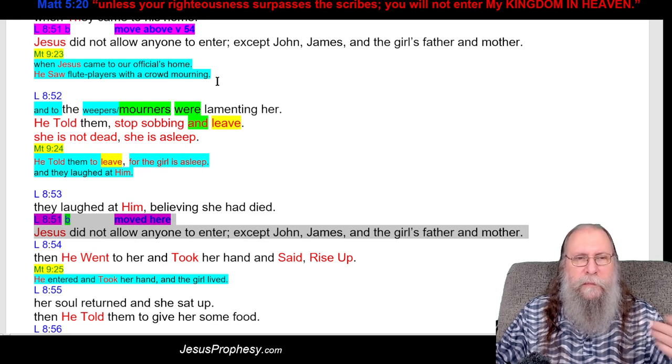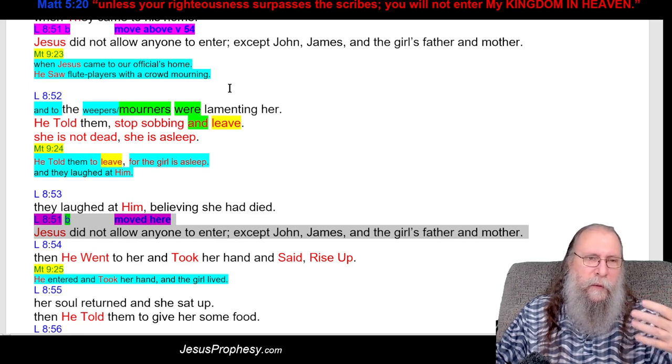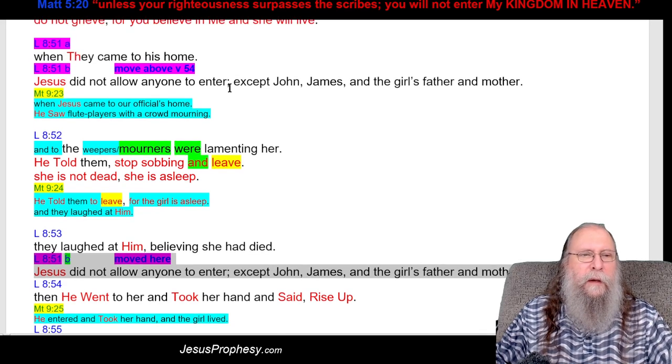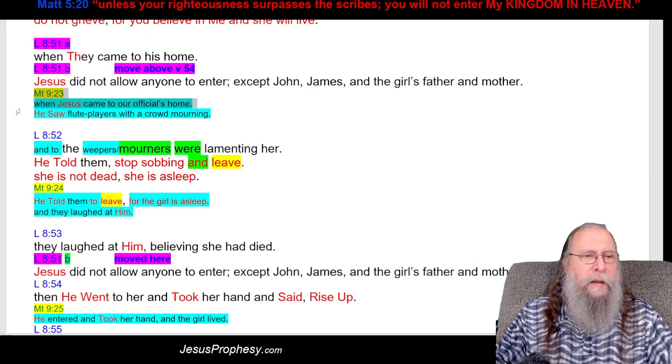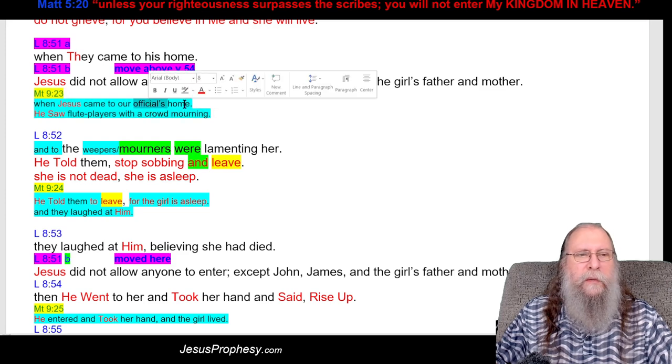What is most important, and what I was reasoning out, is what needs to be put into the text or saved. Because this text, because see, it's the official's house they went into.